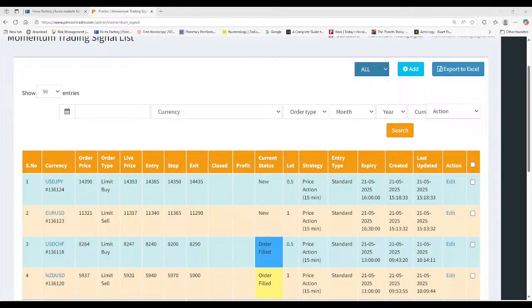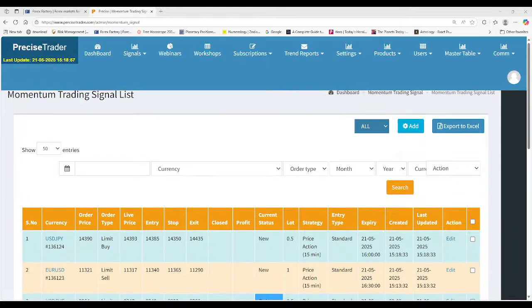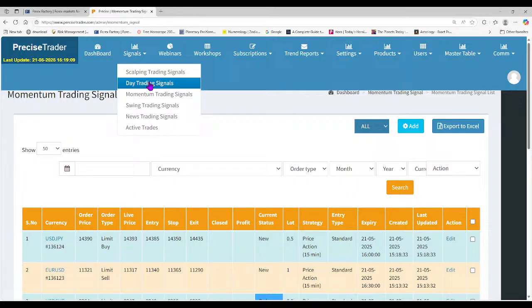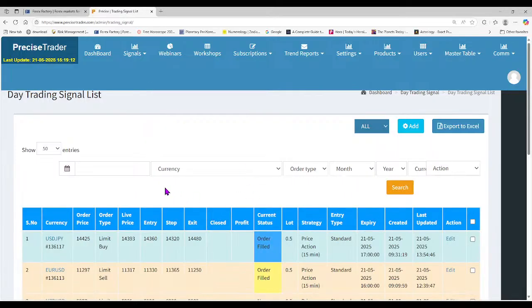We'll try to buy at 43.65. Okay, 43.65, and the TP should be 44.30.